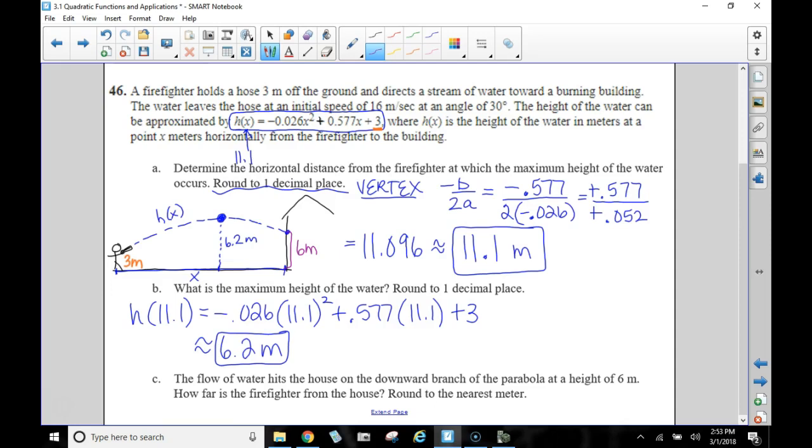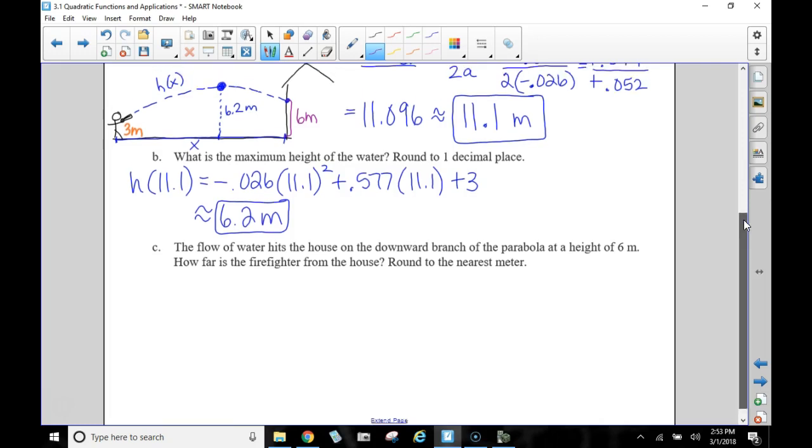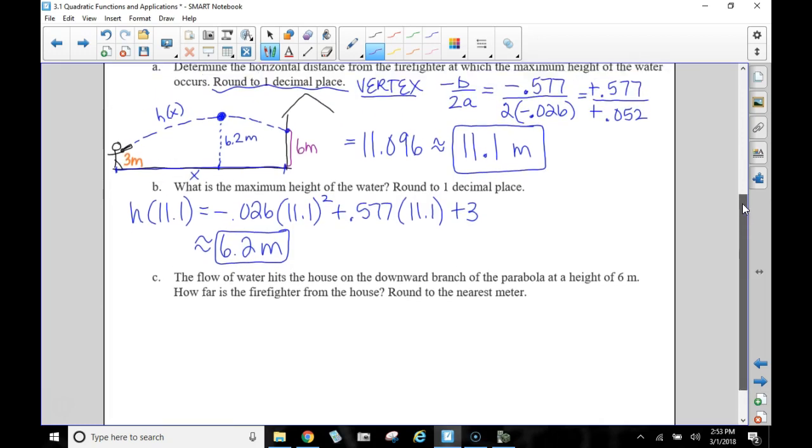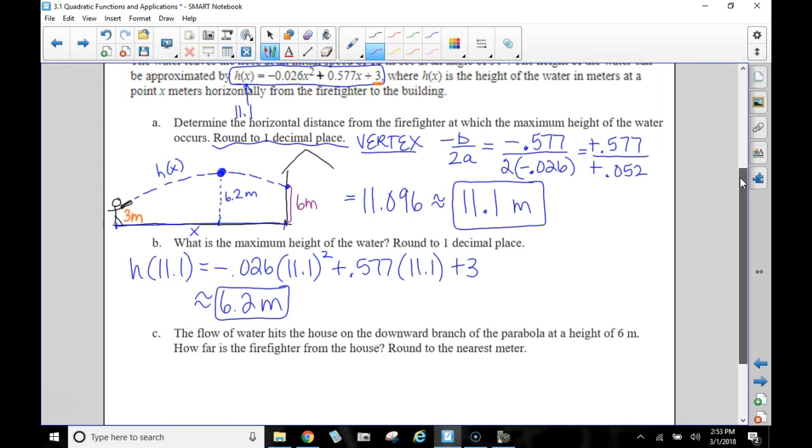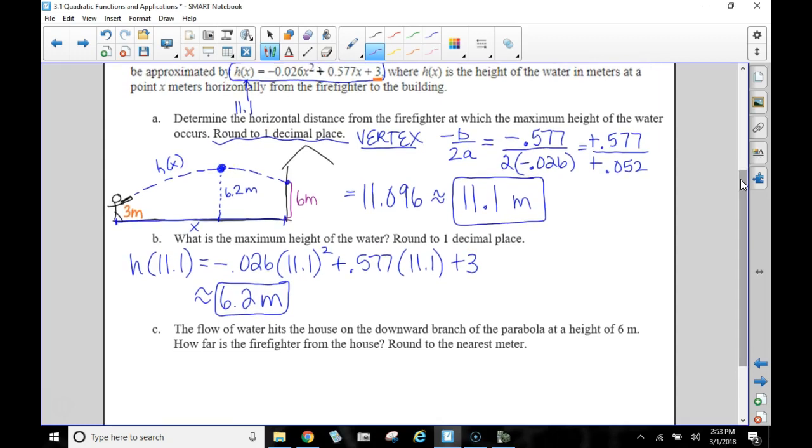And so what we want to do here is we actually need to solve kind of an ugly quadratic equation where we know that the height now is going to be the 6 meters. So we actually need to solve 6 equals negative 0.026 x squared plus 0.577 x plus 3.